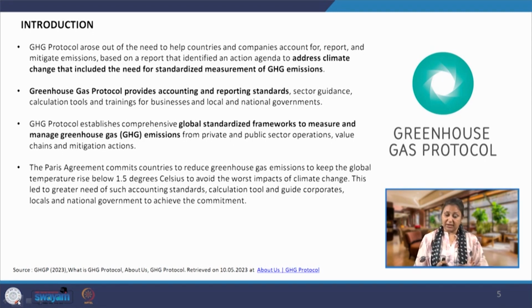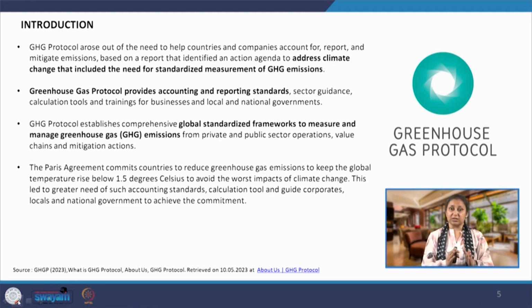So, what does it provide? It basically provides accounting and reporting standards. What we have agreed so far is that we have to reduce GHG emissions. Now, this is established, everybody knows that we have to reduce. We want to reduce, so one, we have to know how to reduce it, and we also have to know how much we have reduced, so quantification is necessary.